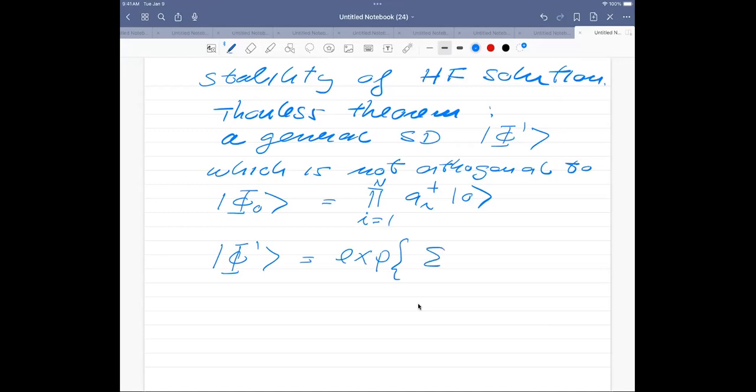And there's going to be a sum over the states above the Fermi level, a sum over the states below the Fermi level, the holes. There is going to be a coefficient CIA, and then we have an AI dagger, AI, multiplied with this phi 0.